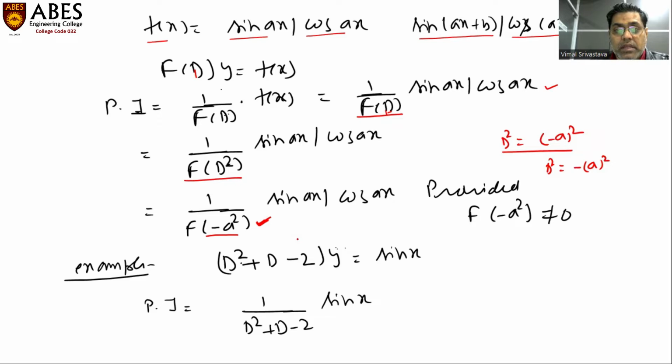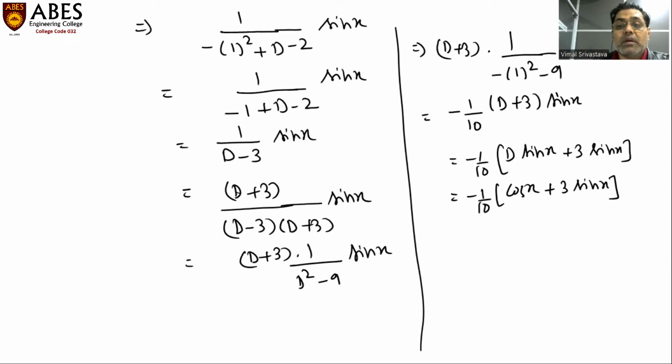So let us take an example. Suppose we have an equation (D square plus D minus 2)y equal to sin x. So for PI, this is our F(D) function. We are taking this F(D) to the right-hand side. This becomes 1 upon (D square plus D minus 2) sin x.